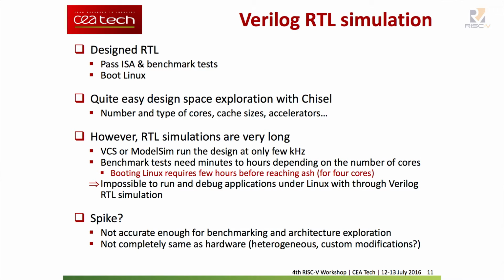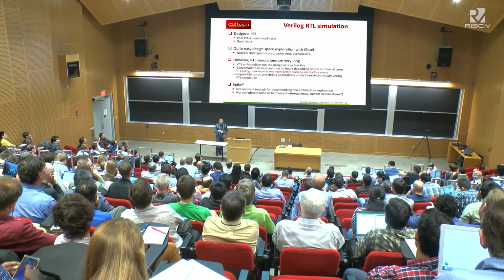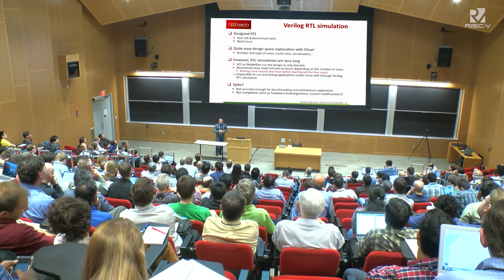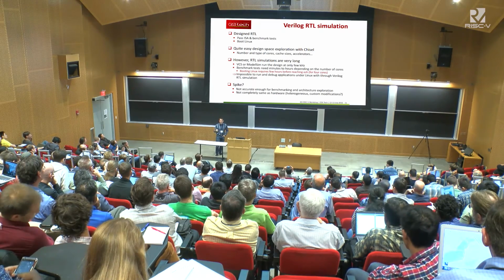The design space exploration was quite easy, especially moving from an FPU Rocket to a BOOM processor. However, we had some problems with increasing the number of cores because RTL simulation is really slow.